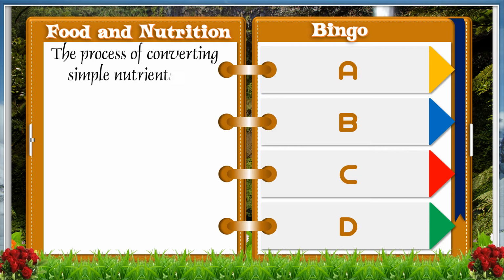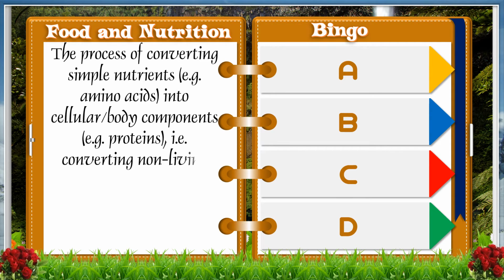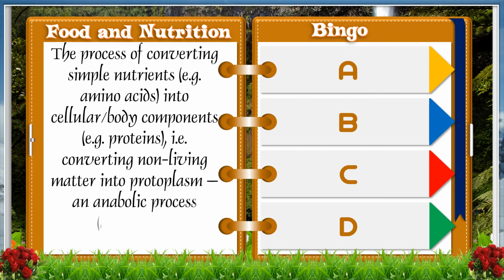The process of converting simple nutrients, for example, amino acids, into cellular or body components, for example, proteins, i.e., converting non-living matter into protoplasm, an anabolic process, or what we refer to as anabolism.